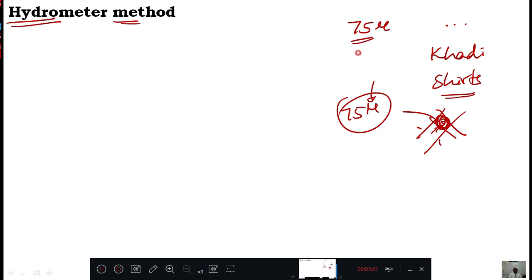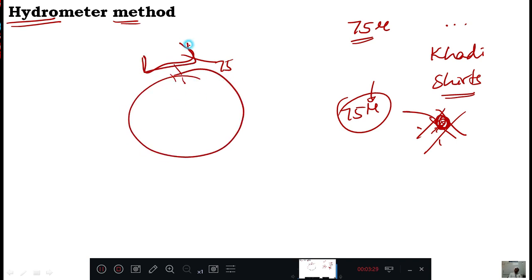If the soil is passing through the 75 micron size sieve, the particle size distribution of that passed soil is very difficult to get. You cannot understand what percentage of 75 micron soil is there, what percent of 60 micron, 50 micron, 25 micron, 2 micron, 0.1 micron soil is there.